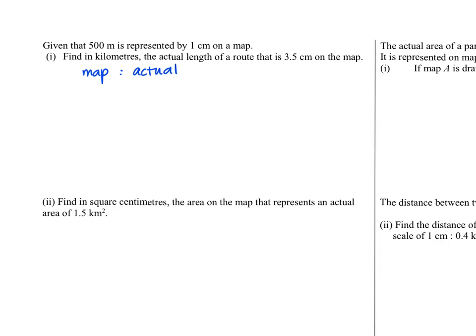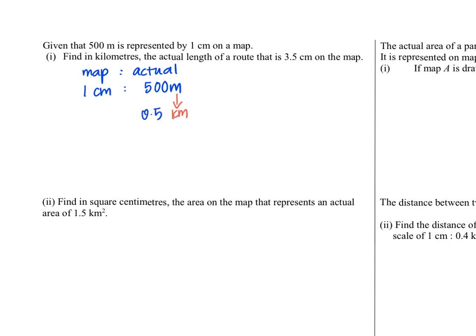Now in this question, it says that 500 meters, the actual, is represented by 1 cm on the map. Find in kilometers. So I'm going to change the units to kilometers. 1 kilometer has 1000 meters, so I'm going to divide by 1000.